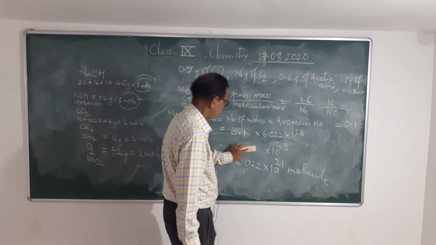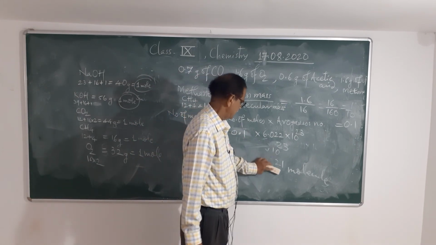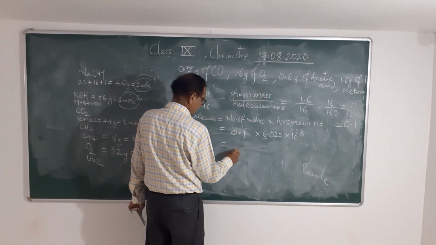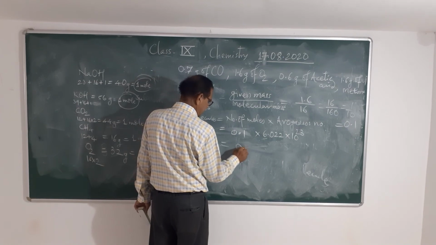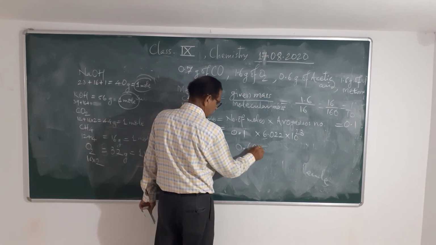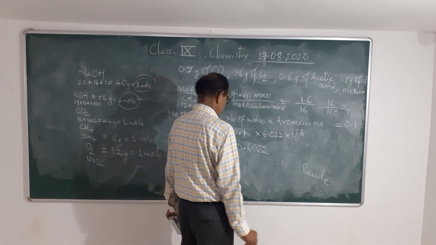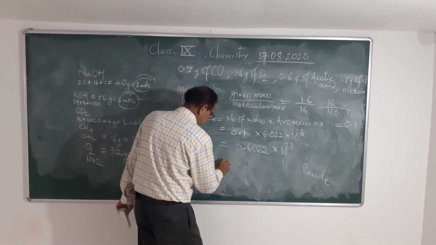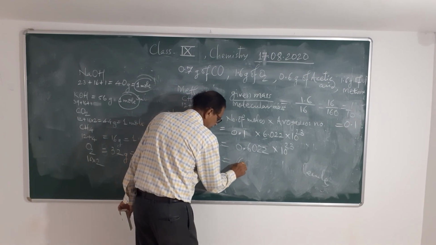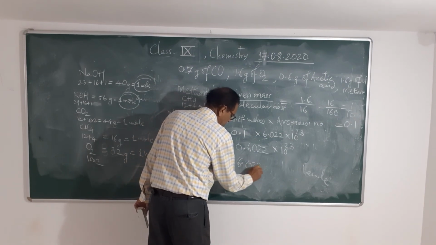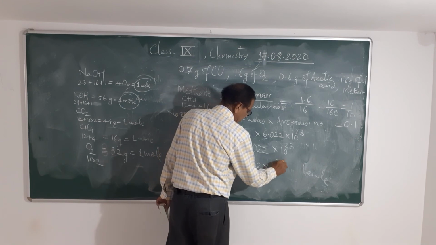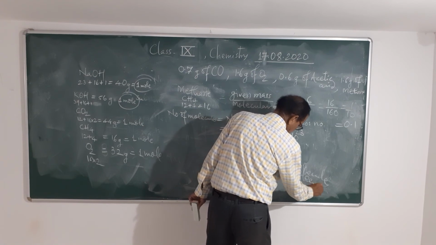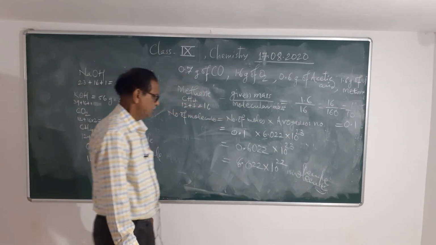And 0.1 into 6.022 into 10 raised to power 23 means 6.022 into 10 raised to power 22 molecules.